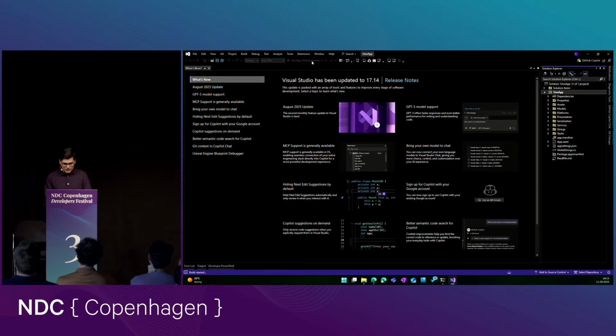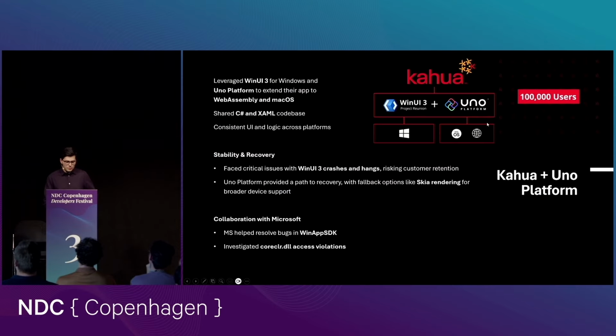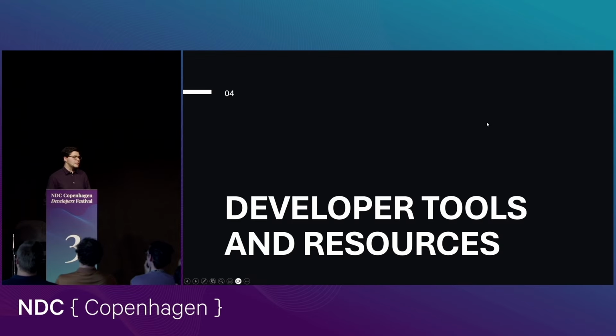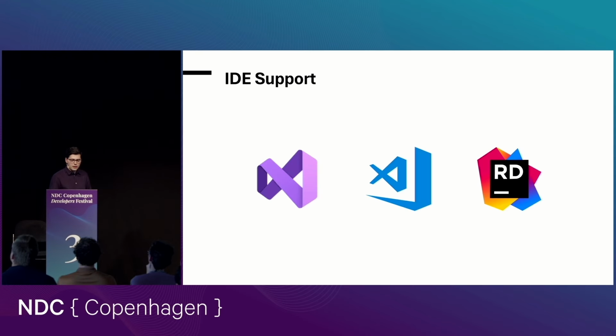So I want to look back a little bit at the developer tools and resources which you can use. There is the Visual Studio and Visual Studio Code support, which I mentioned. There is now also Rider, which came with support very recently, and it supports a lot of the Blazor Wasm publishing with the proper browser Wasm runtime.